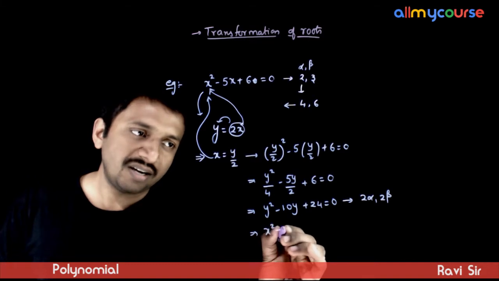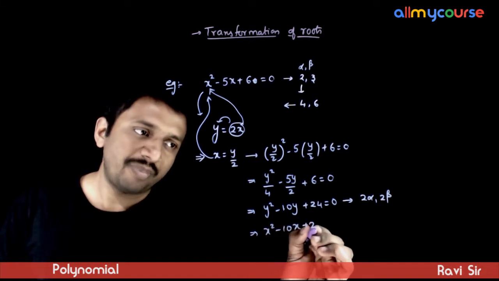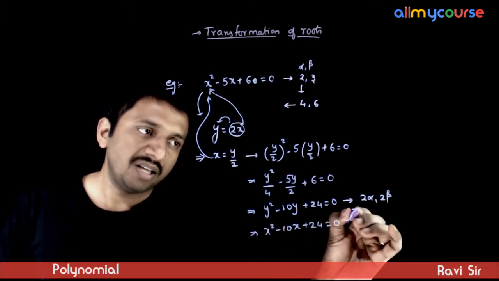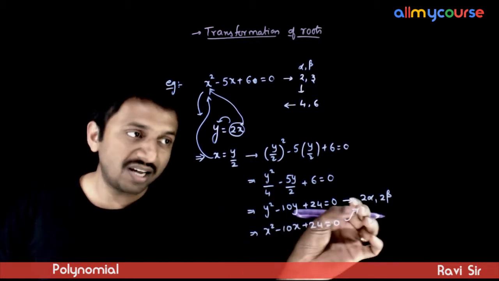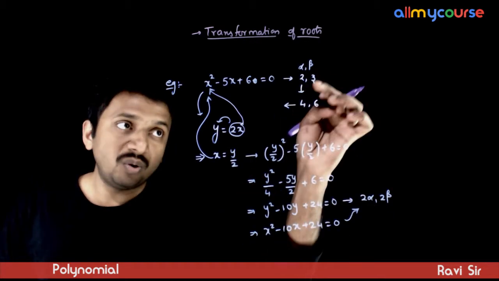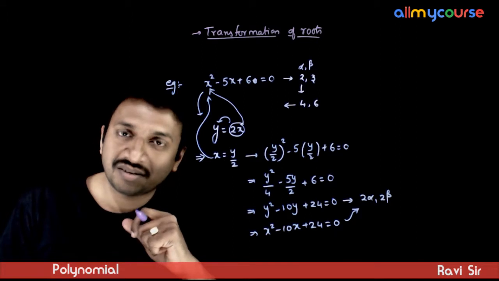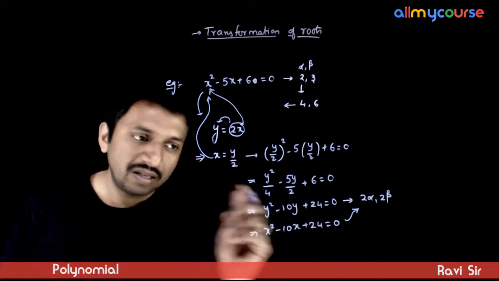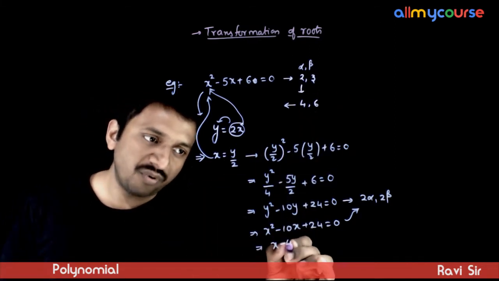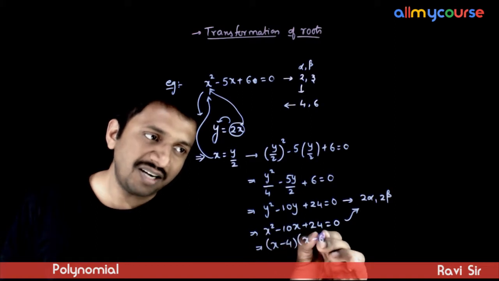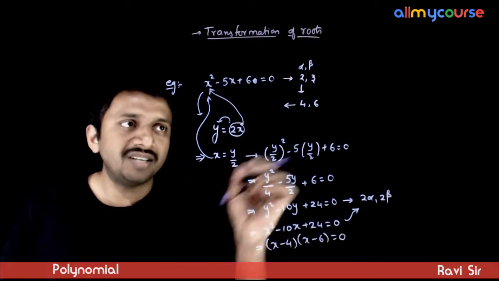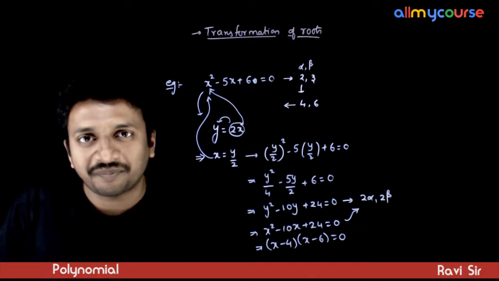So x square minus 10x plus 24 is equal to 0 is an equation whose roots are 2 times 2 and 2 times 3, that is 4 and 6. You can check for yourself. This is nothing but x minus 4 times x minus 6, right? So the roots are 4 and 6, which you are asked to find.